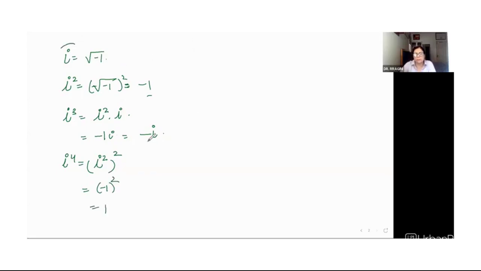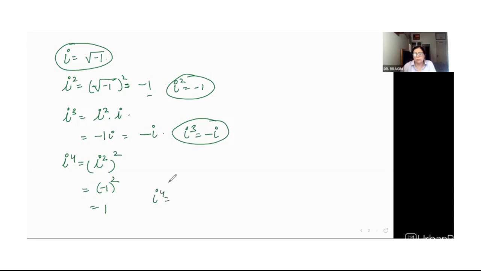This is one value, right? I'm writing it here. i square is minus 1. i cube can be replaced by minus iota. And i to the power 4 is finally equal to a positive number, which is 1. So sometimes you get an MCQ in the paper: what is the least value of n so that i to the power n is 1?